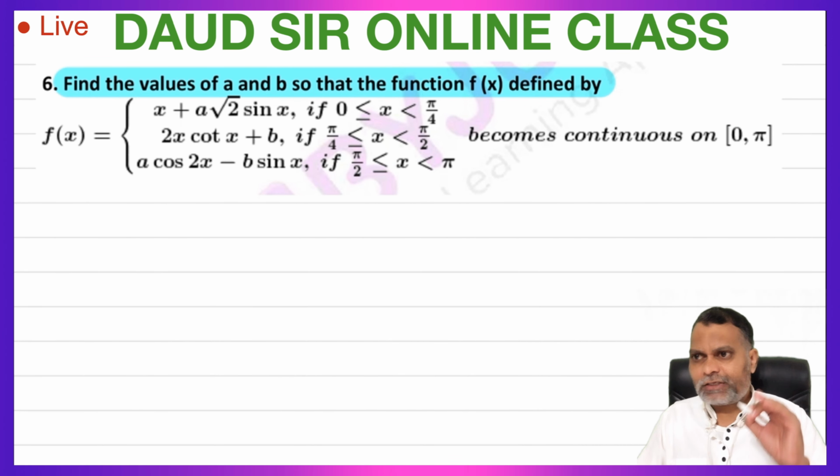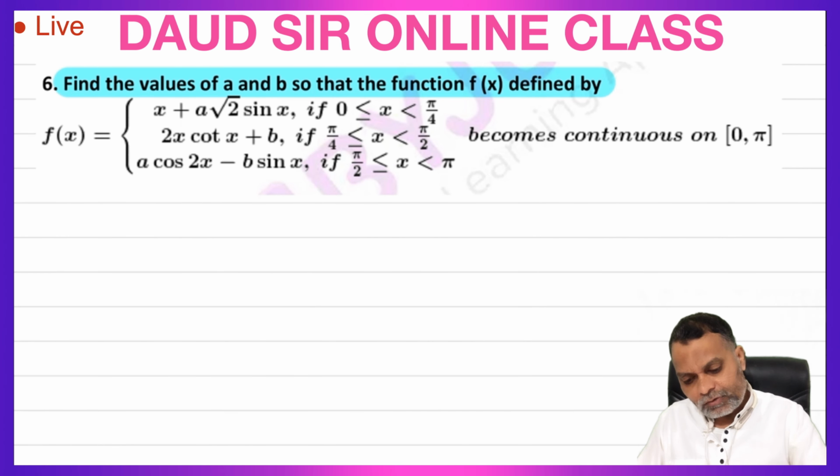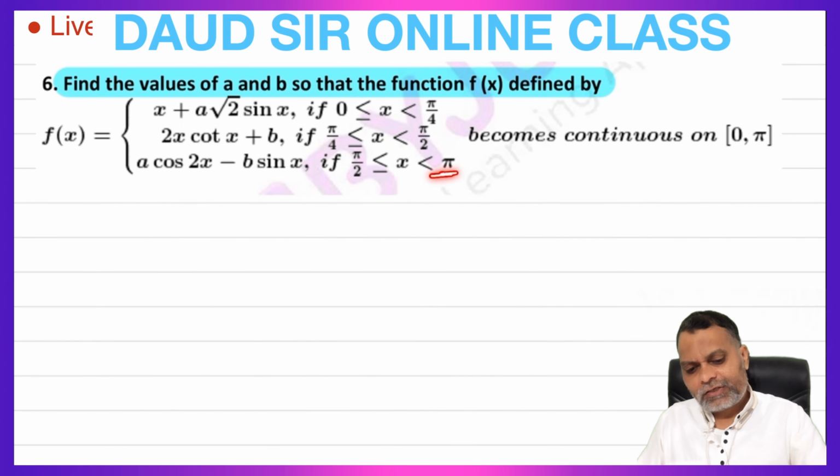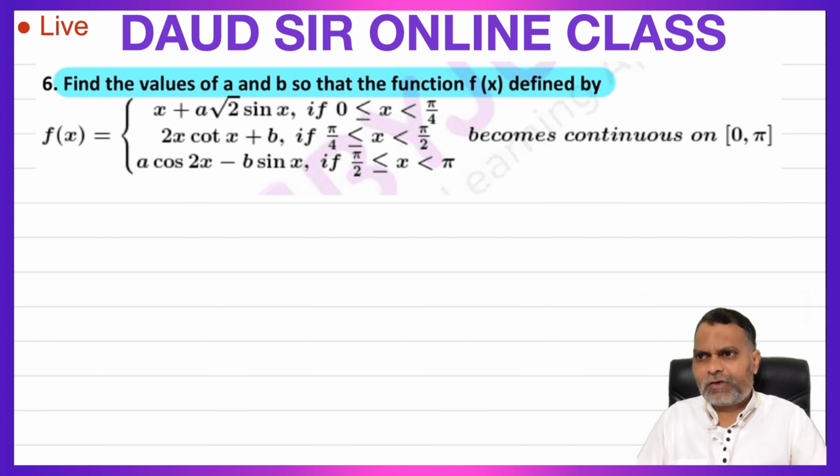So one point is x is equal to pi by 4, and another is x is equal to pi by 2. At pi the function is not defined for greater than pi. So only two points, x is equal to pi by 4 and x is equal to pi by 2, we will check the continuity, and this function is given continuous in this interval.